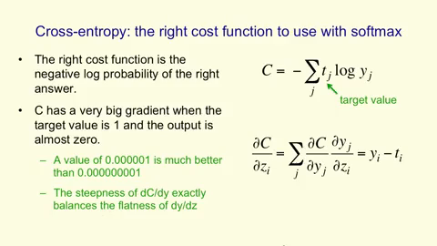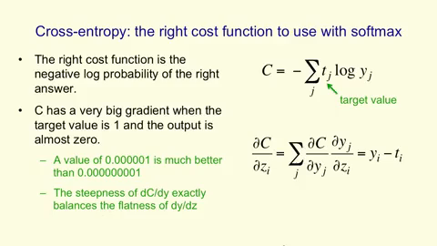So that derivative is how fast the cost function changes as you change the output of a unit times how fast the output of the unit changes as you change zi. And notice we need to add up across all the j's, because when you change zi, the output of all the different units changes.